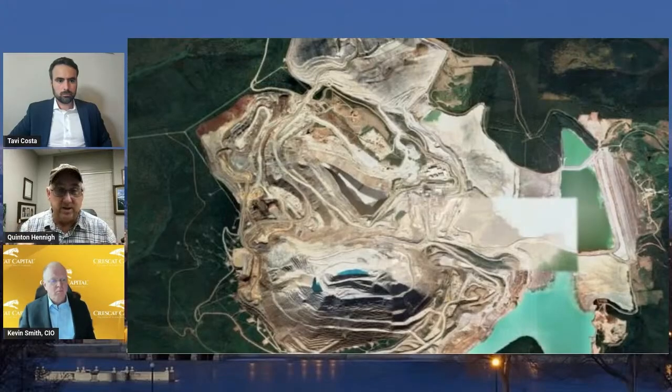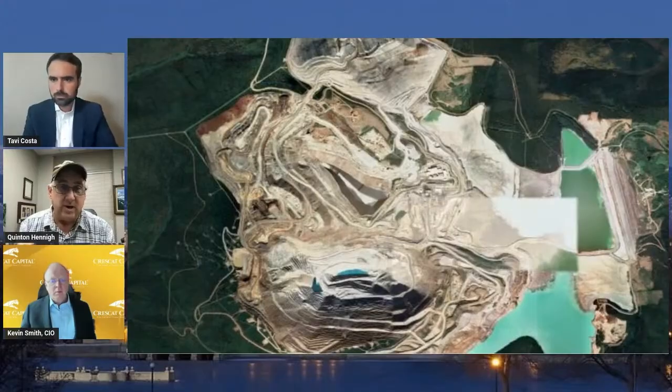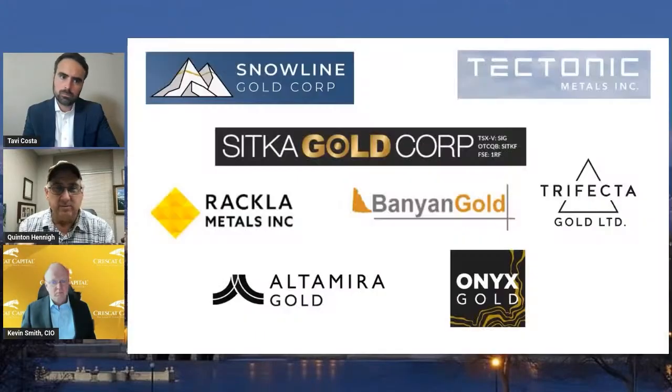These are not environmentally challenging deposits to reclaim. So I'd say in 20 or 30 years, or whenever they're done here, you would come back and you would see some forested hills. That's pretty much it. All right, let's go to the next slide.